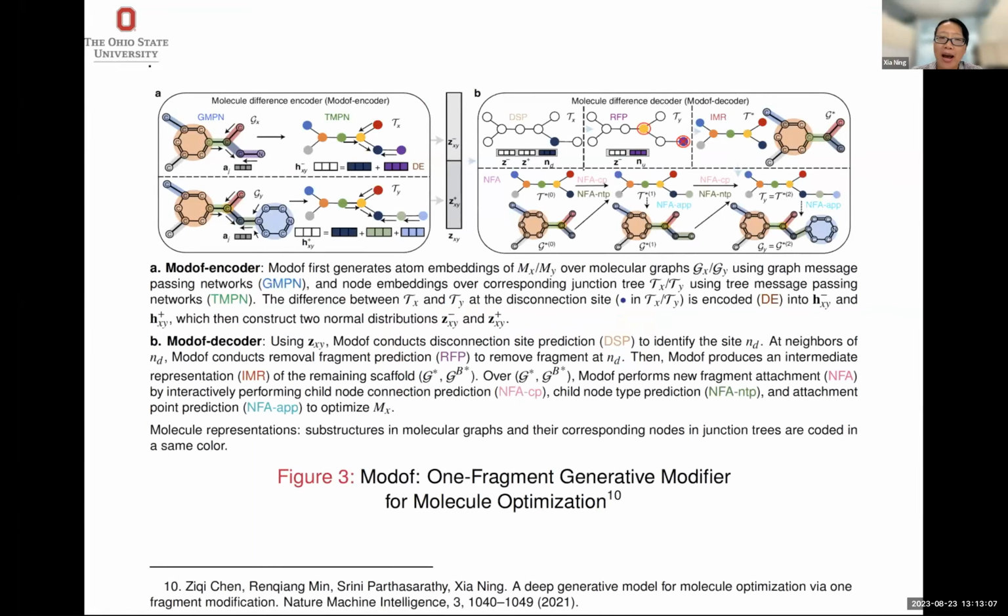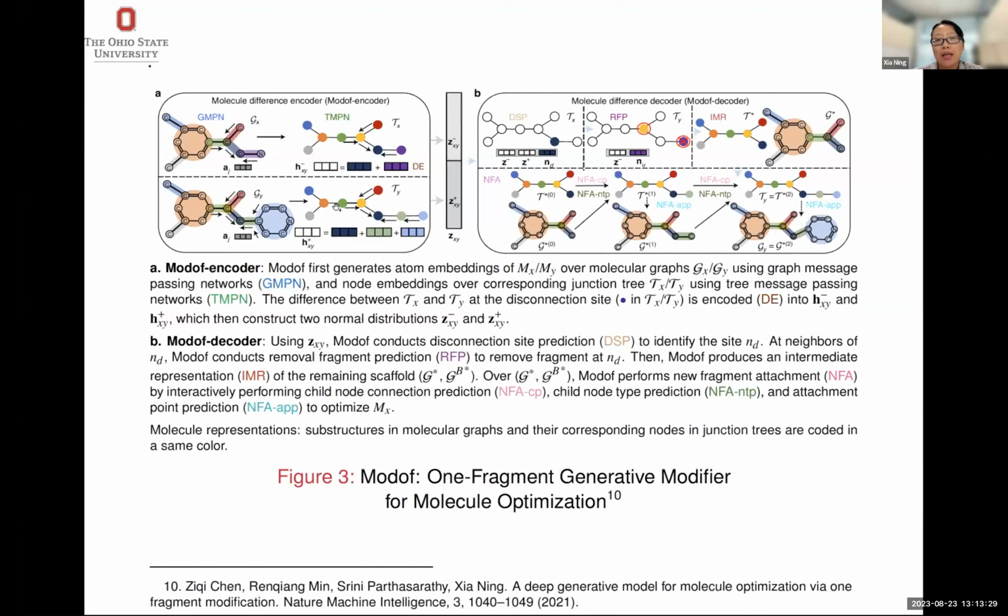Just to give you a very high-level idea of this method, it is based on a variational autoencoder, which has been a very widely used technique in small molecule generation or graph generation. We have an encoder and a decoder, and a latent space.